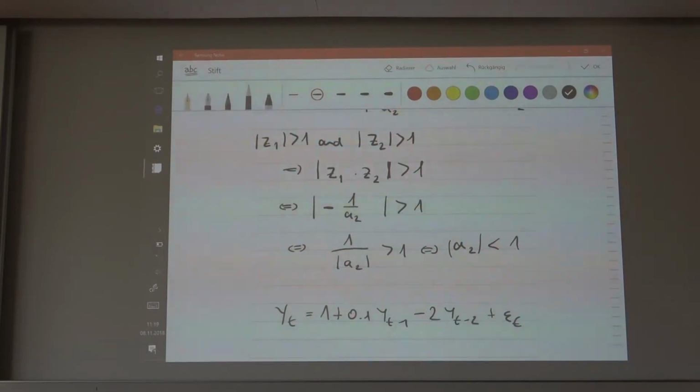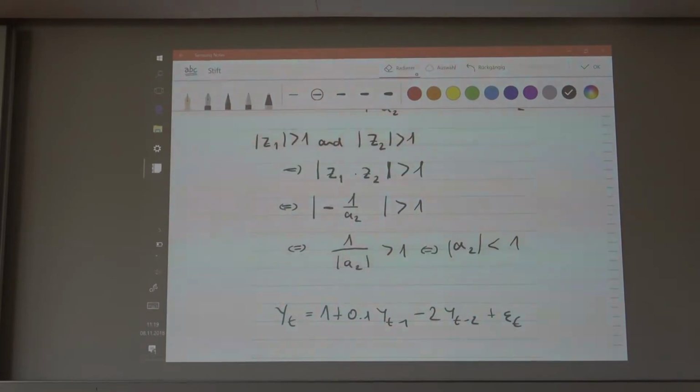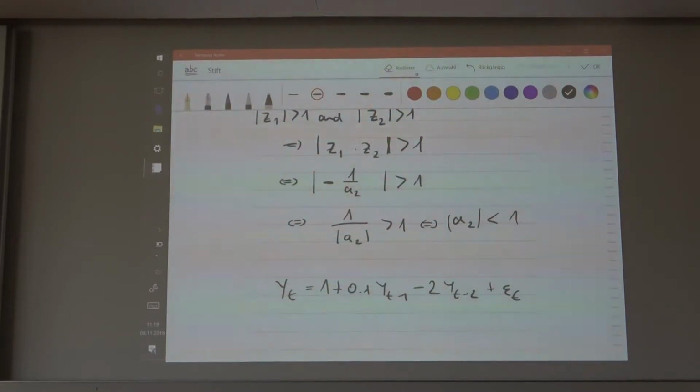Because the absolute value of the coefficient A2, which is equal to -2, is greater than or equal to 1. It has to be strictly less than 1. So this process is not stationary. You can see that immediately. This is just a simple example for that.